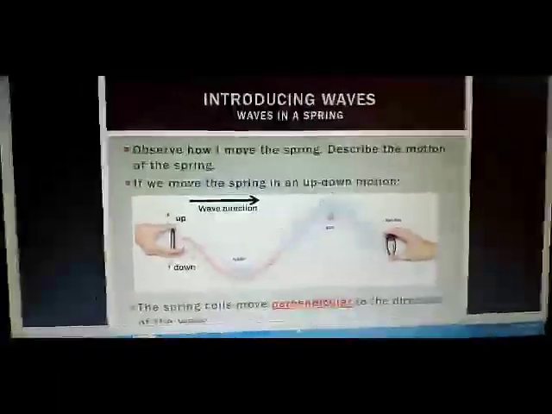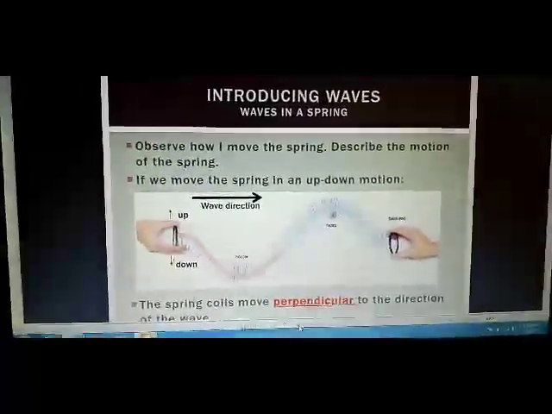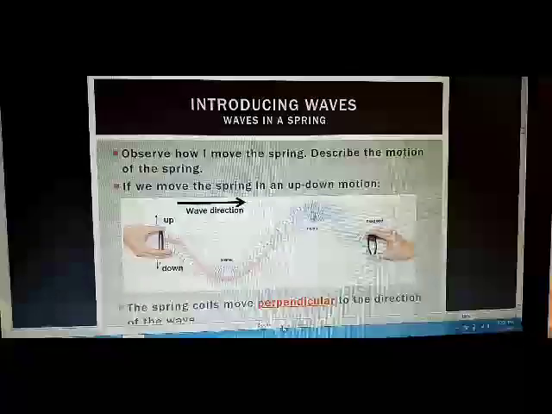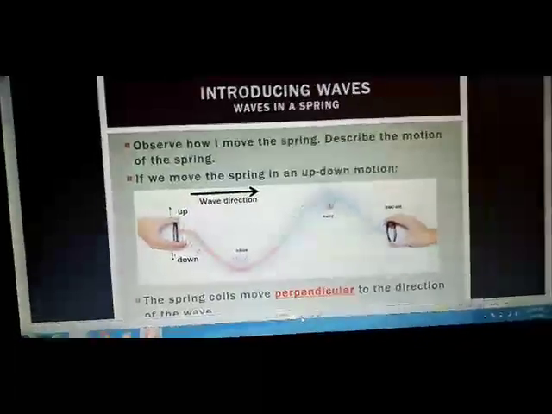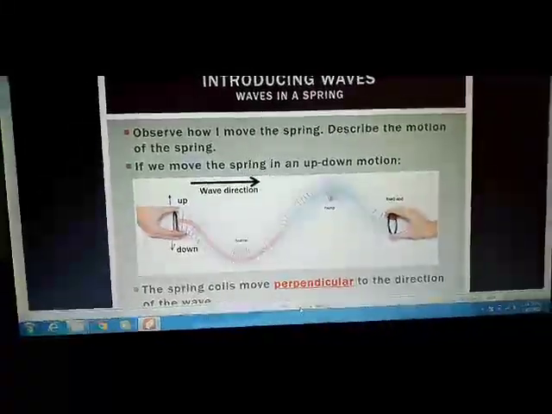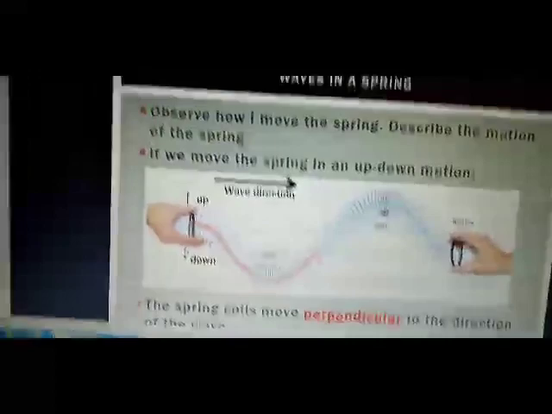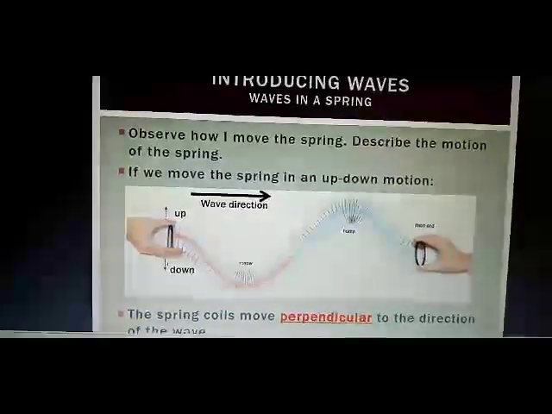Now in this diagram we can see the waves produced in a spring. If you move your hand up and down, then a type of wave is produced in the spring. If you move up and down, then crests and troughs will form in the wave. Now there is a hollow and a hump.